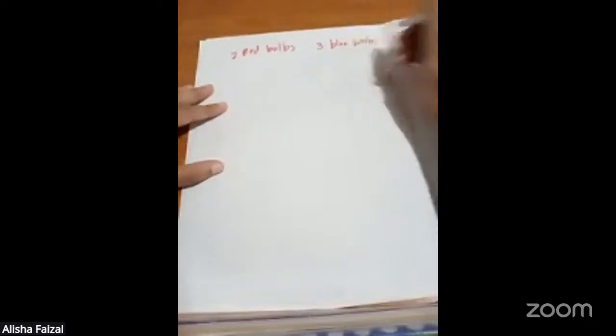There is one red bulb and three blue bulbs in the other box. So there are two boxes. In the first box you have two red bulbs and three blue bulbs.